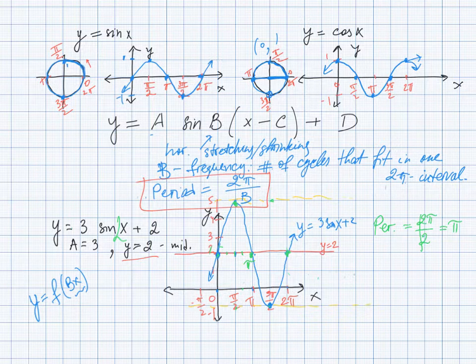I don't have enough room to label all of this, but I know that each of these will correspond to a quarter of a circle. But my graph will oscillate faster now. So instead of reaching the highest point at pi over 2, it will reach the highest point twice sooner.